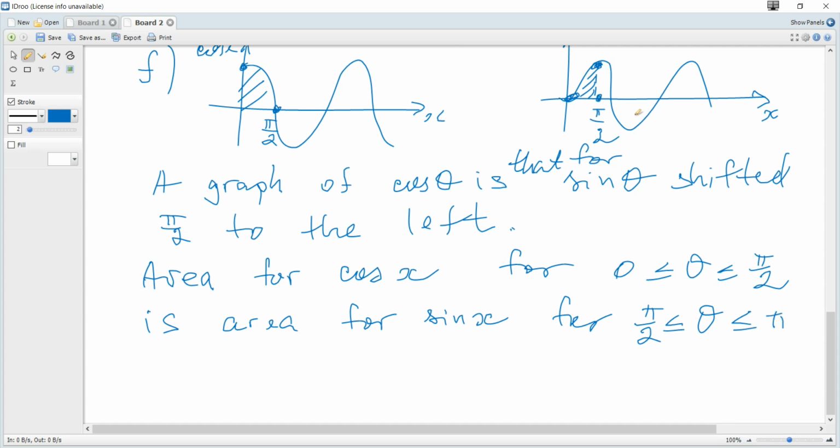It's this, due to symmetry. It's because the graph for cosine and the graph for sine are actually the same. It's the same curve, but it's just shifted.